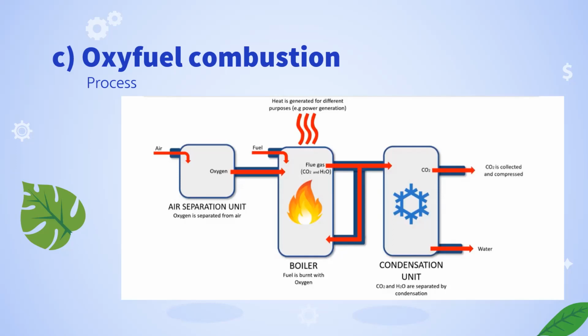Now, this separation creates a very pure gas, which is H2O. So there are no nitrates and there is very little impurity. Since it contains CO2 and H2O, no chemical absorption is needed, and we can just use a condenser to separate the water and the CO2.